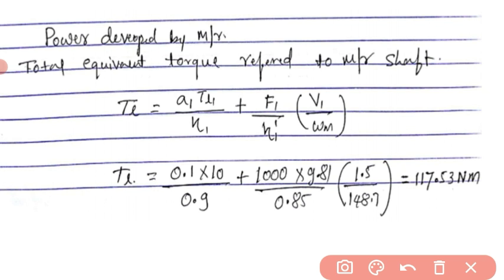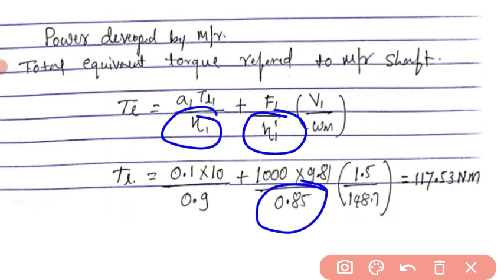Already we have all the given data, and we substitute in this: A1 the gear ratio, TL1 the load torque, and the efficiency. Here the notation I have used is eta 1 for the rotational motion's efficiency, 0.9, and eta 1 dash for the translational motion's efficiency, 0.85. Both efficiencies are given.